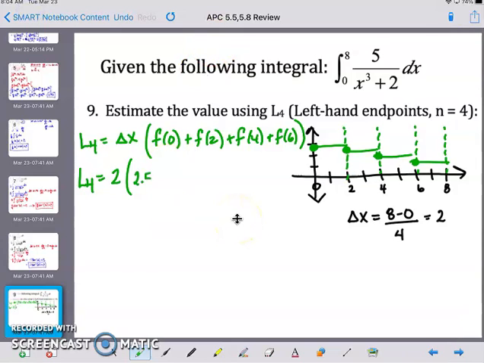So 2.5 plus 0.5 plus 0.0758 plus 0.0229. And then I just have to do the math. Add those together, multiply by 2, and we get that our area approximation with left-hand endpoints is going to be 6.197.